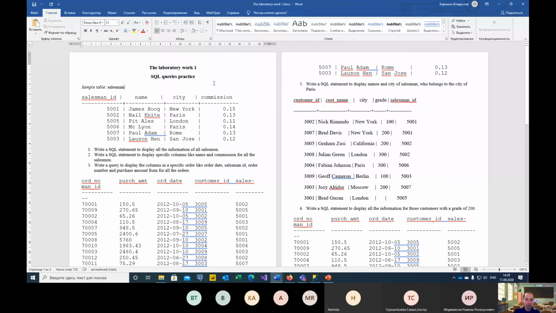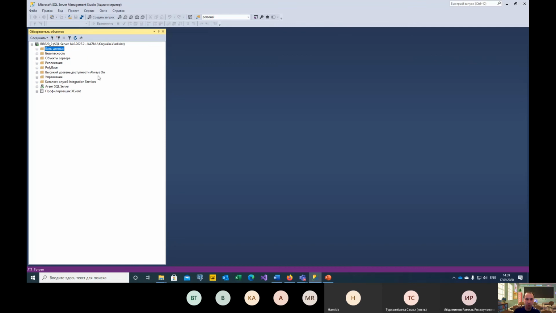This is for today's assignment, and if you already have SQL Server installed, you can start doing it now. You can create a new database, create a new table, and then write some queries to obtain results: what data you retrieve from your database.